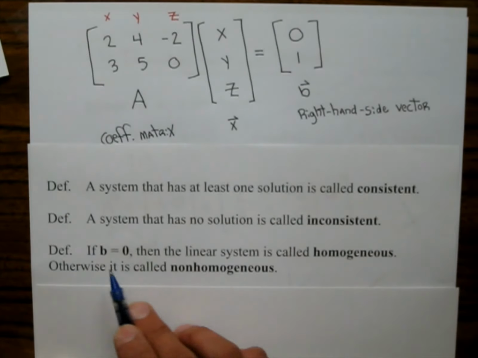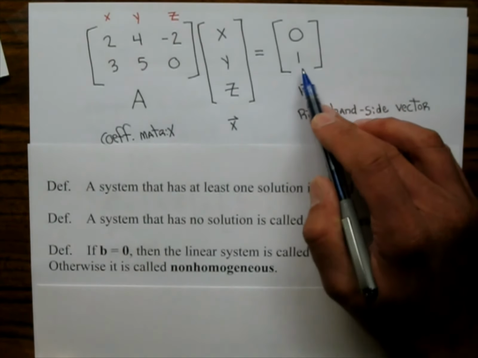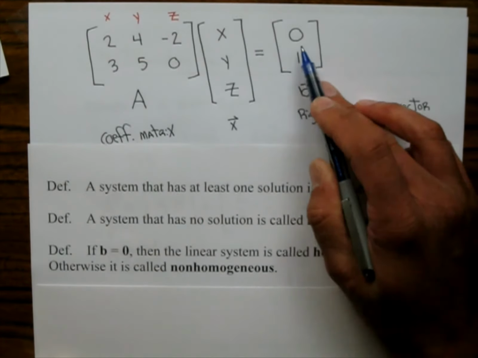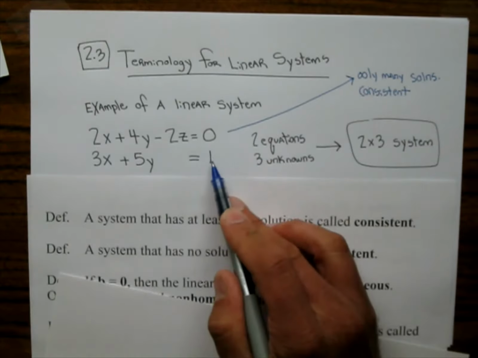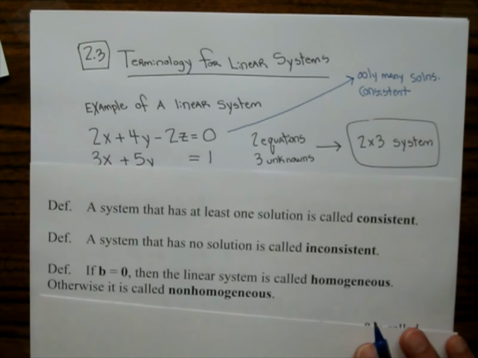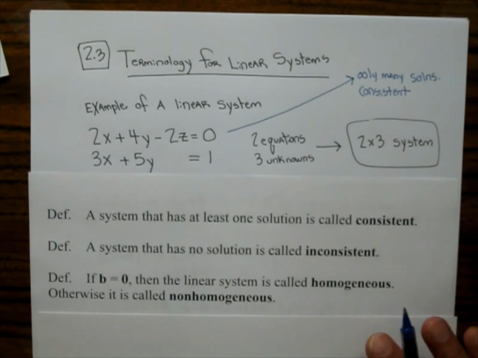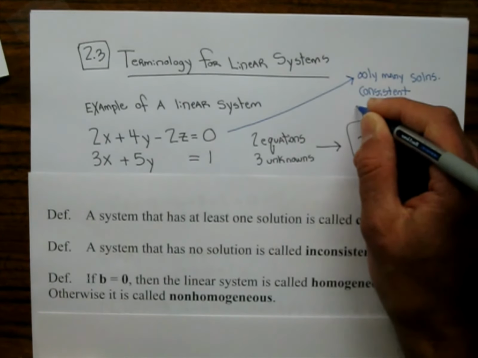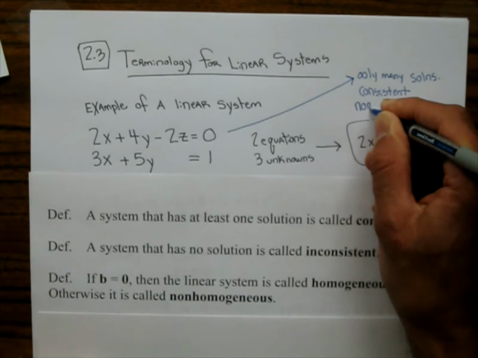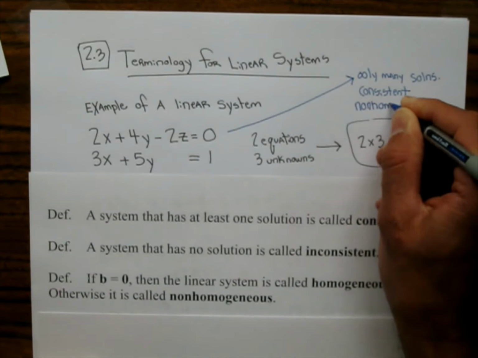Now it says b equals 0, but it's b equals the 0 vector, or the 0 matrix. Is our b the 0 matrix? No, it's not. And you actually don't need that. You could just look at this right here and see that b does not equal zeros. If there's all zeros there, then it would be. So our system is called non-homogeneous.